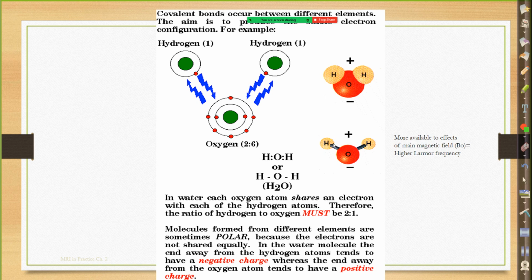And then towards the hydrogen up here, it's going to be more positive because you just lost 2 electrons. And any time you have this dipole effect, it creates a stronger magnet, right? So that's how it affects magnetic susceptibility. So water has a higher magnetic susceptibility than fat.